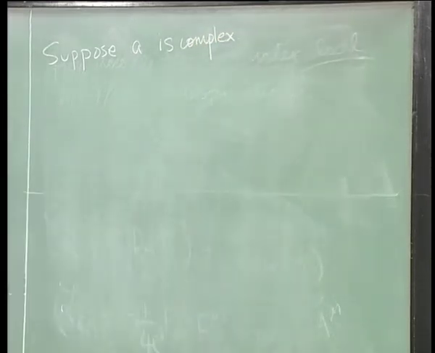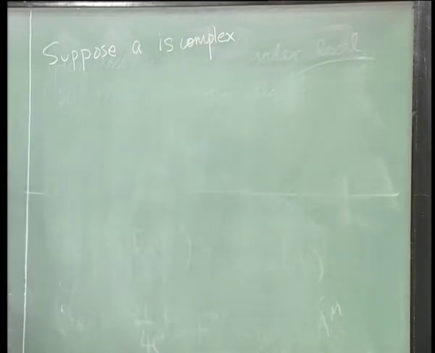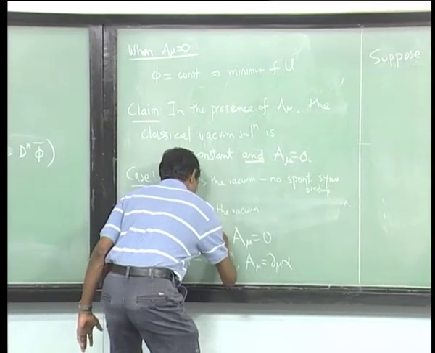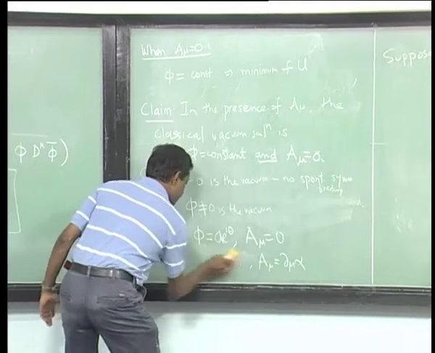Because the ground state would be mod phi square equal to a square, let me write it this way so that a is real.